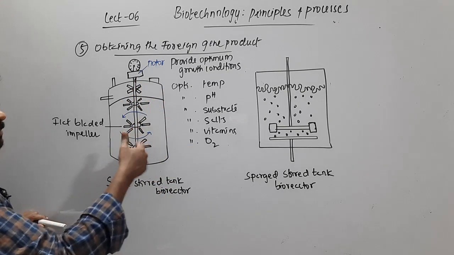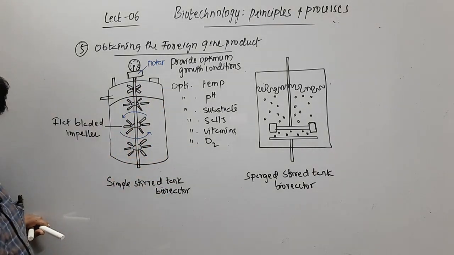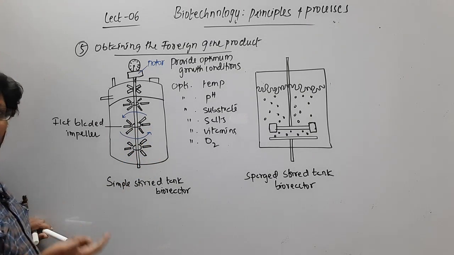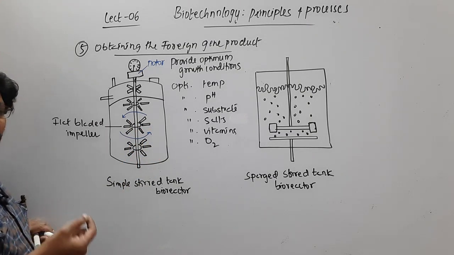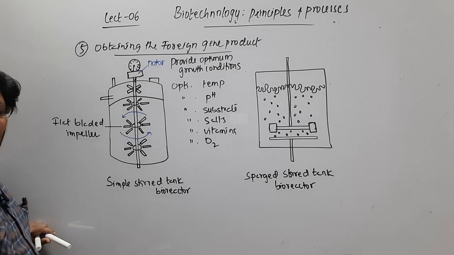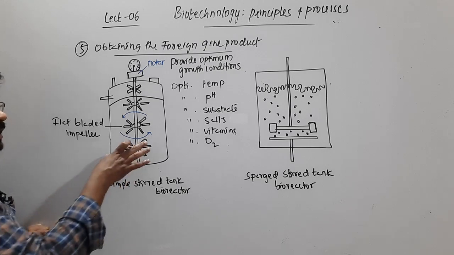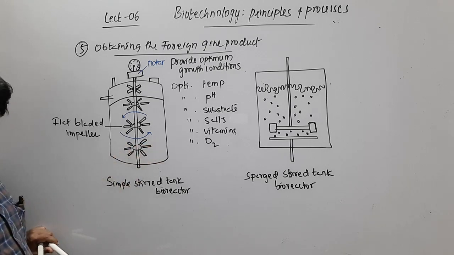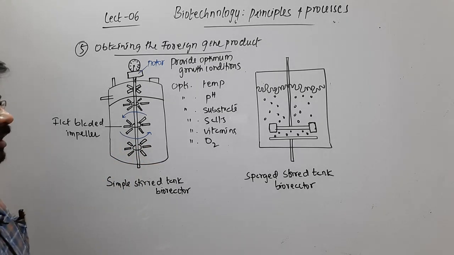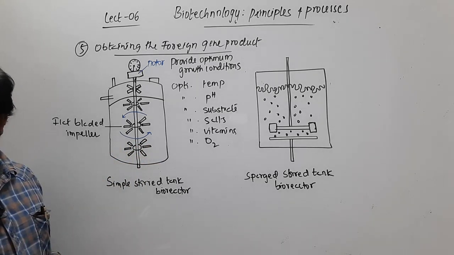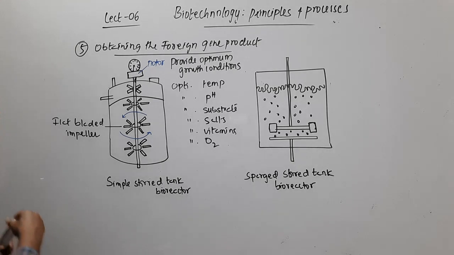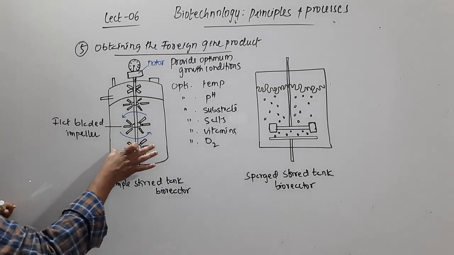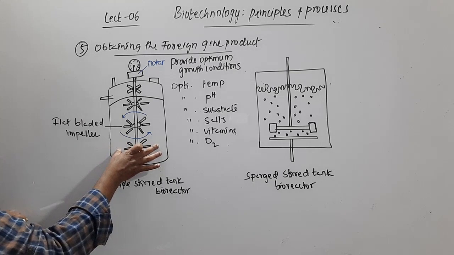They will be multiplying and increasing in number, and at the same time the gene of interest present in the rDNA of those transformants will also get expressed, and they will produce whatever the gene of interest codes for. That will be released into the medium.